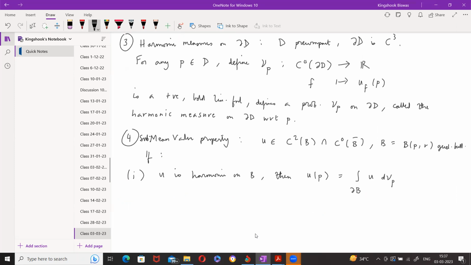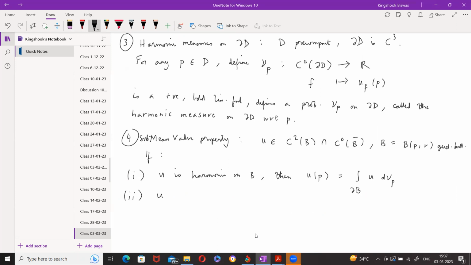What is the integral of U d nu P? By definition, it is U evaluated at P, right? This is by definition.